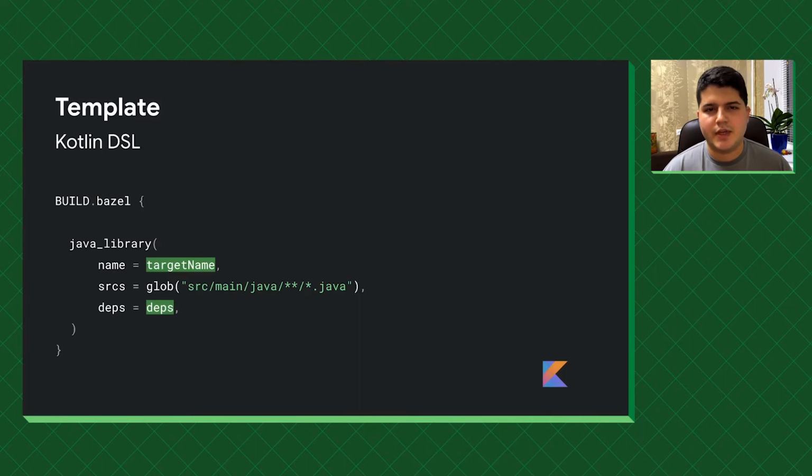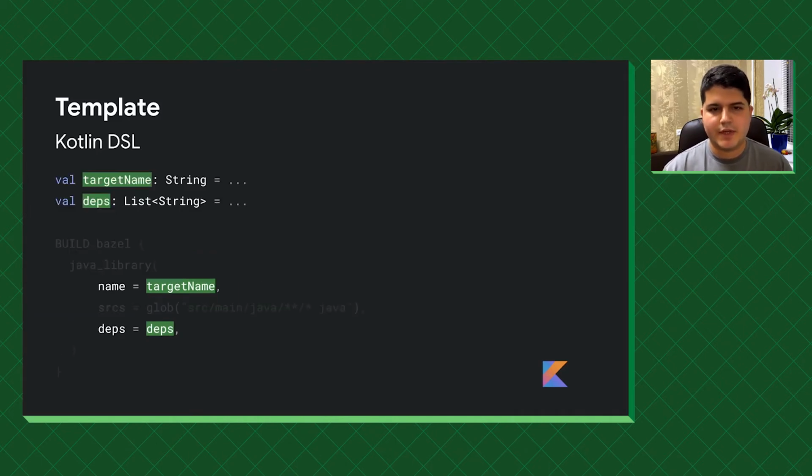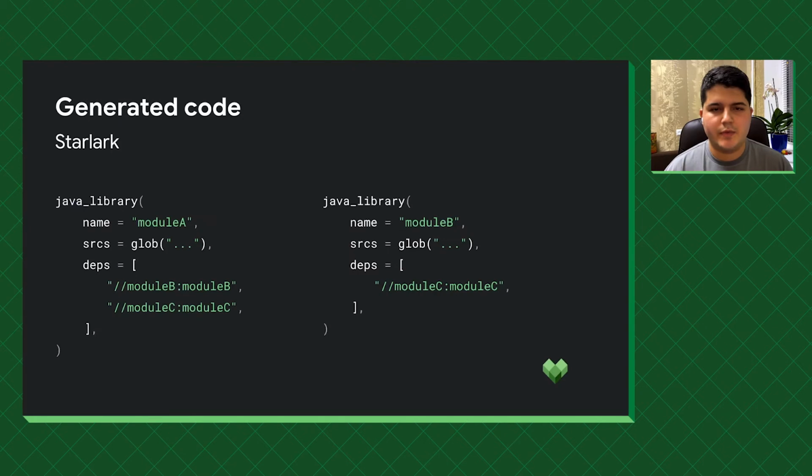By using templates, you can define the general skeleton for all of those modules while having placeholders for unique data for those modules. Those placeholders can be filled in with variables, just regular Kotlin variables. And when we are using the template from the previous slide, we can generate multiple build configurations, Bazel scripts, from it for multiple modules.